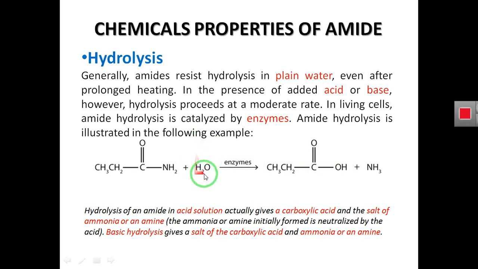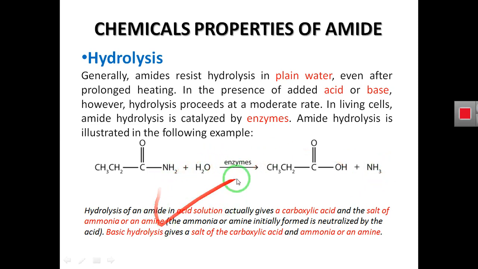What is the molecular formula of water? H2O, meaning two hydrogen atoms and one oxygen atom. With the help of the enzyme, one hydroxyl group is added to this molecule, and the nitrogen is removed from here, and with hydrogens from here, makes ammonia or an amine.